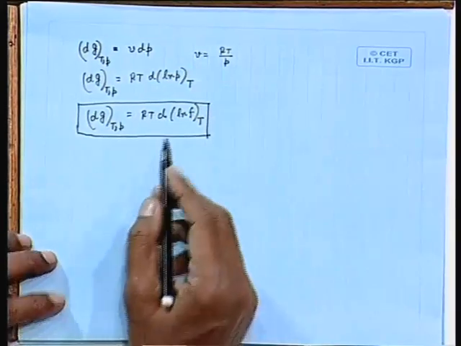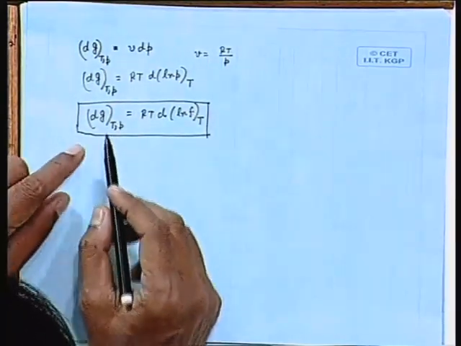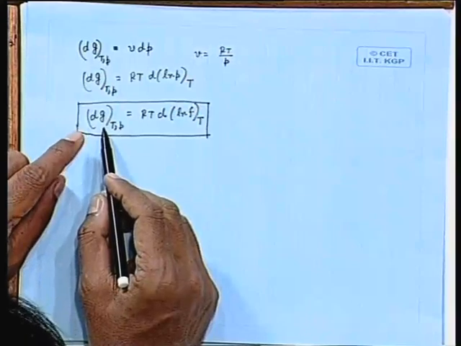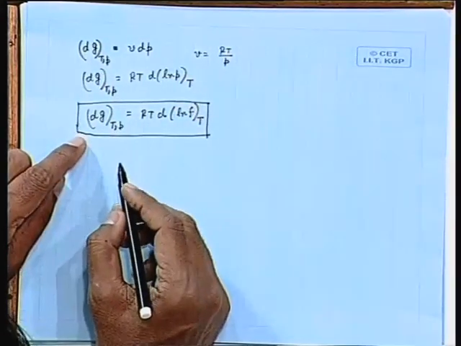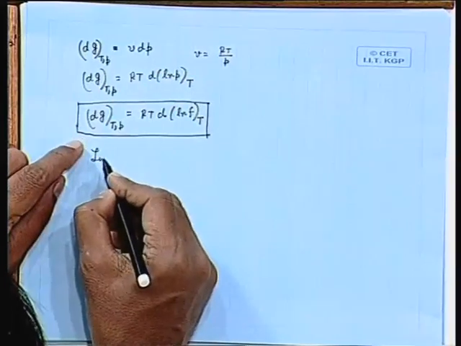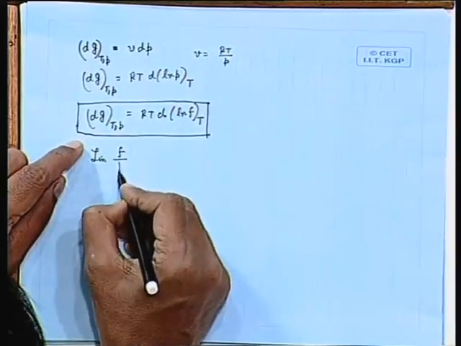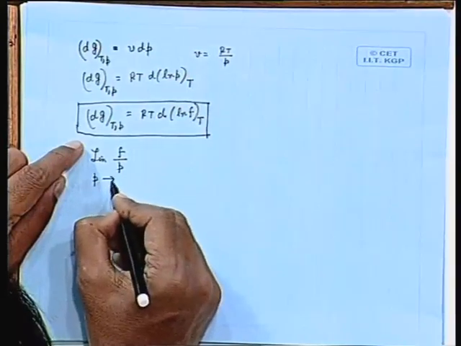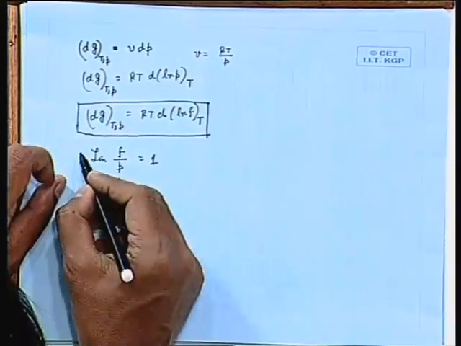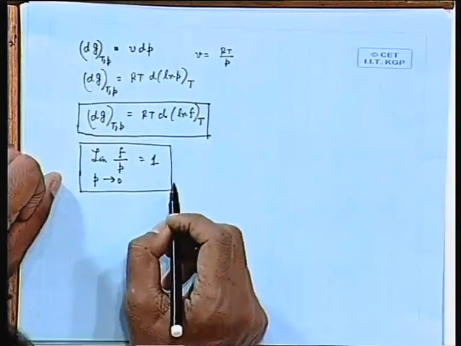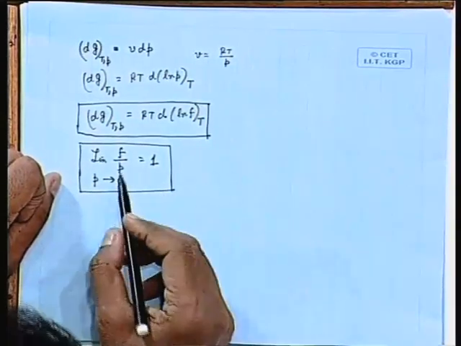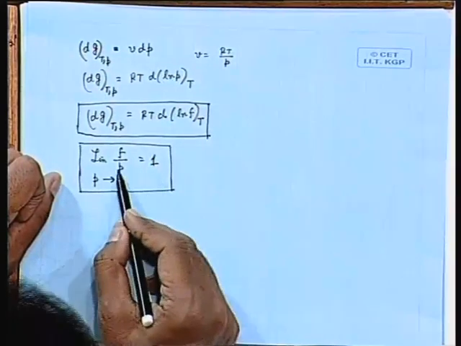We know that any gas which is not an ideal gas behaves as an ideal gas at very low pressure, which means the limit of f by P as P tends to 0 is equal to 1. This was told in the last class also: when pressure tends to 0, the gas becomes very rarefied, and fugacity approaches pressure.